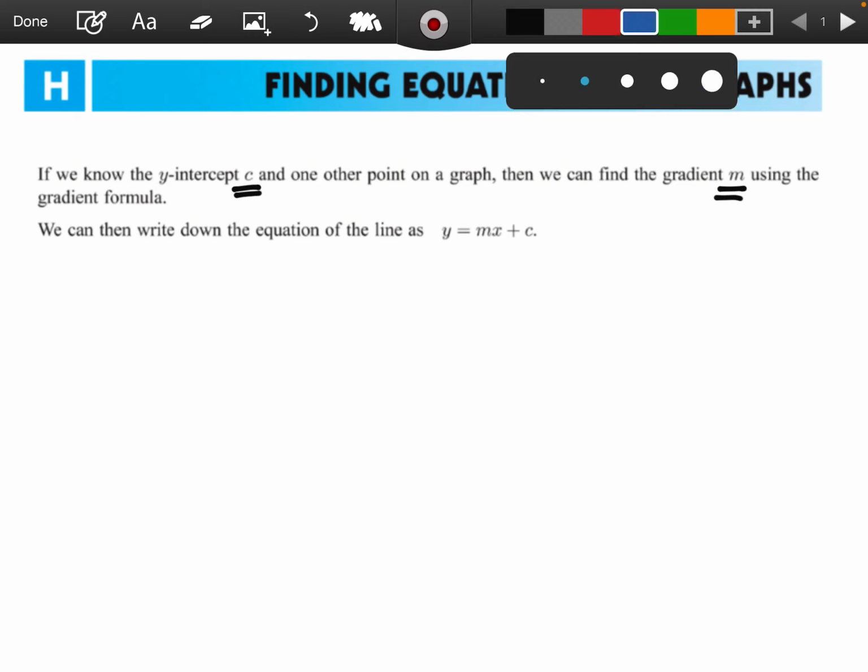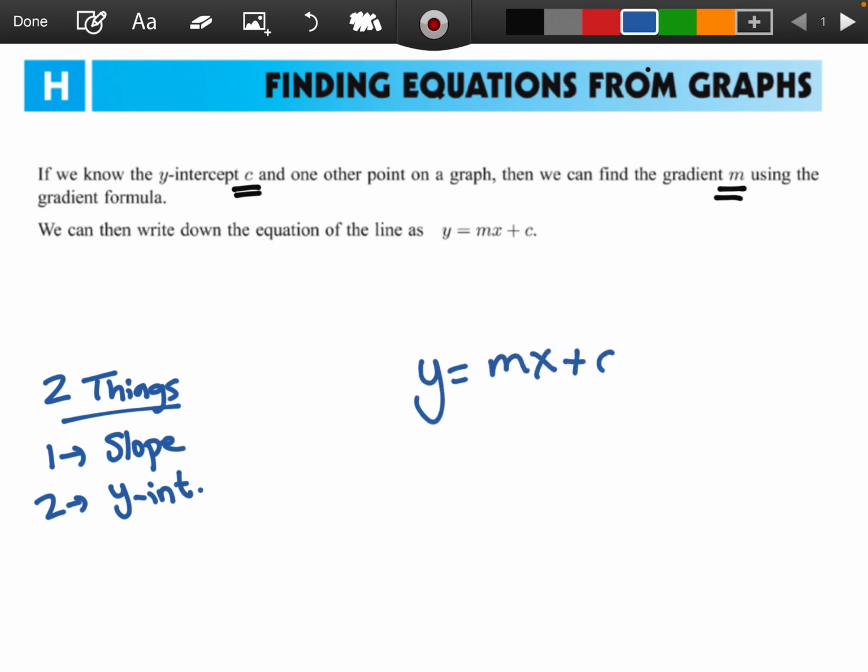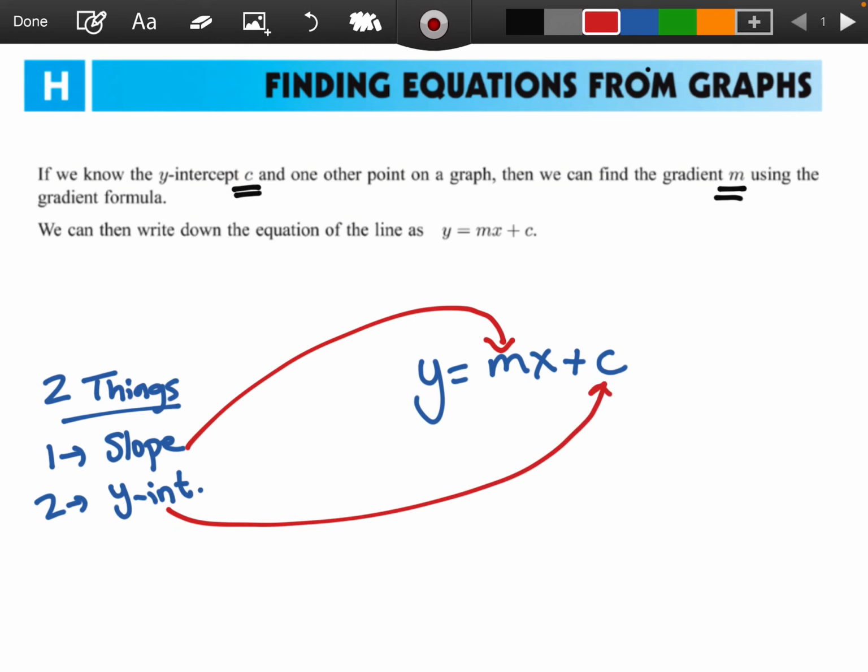So what it boils down to is to find the equation of a graph, we need to know two things. We need to know the slope or the gradient, and we need to know the y-intercept. If we know those two things, we can use y equals mx plus c and plug the slope in for m, plug the y-intercept in for c, keep x and y as x and y, and we've got ourselves an equation.